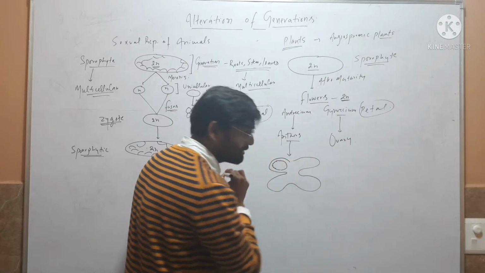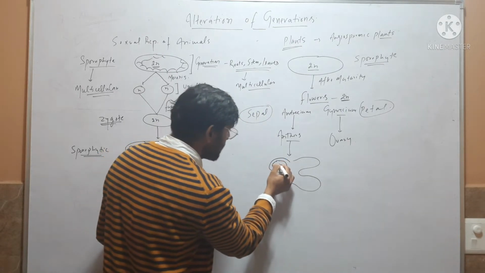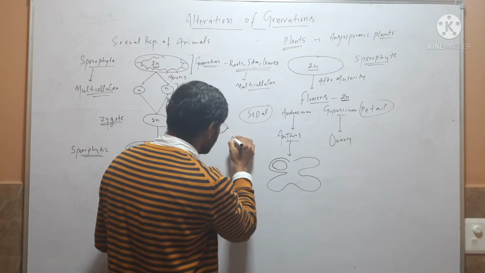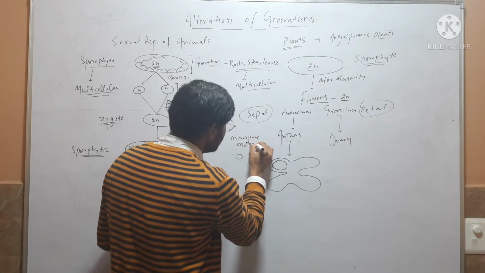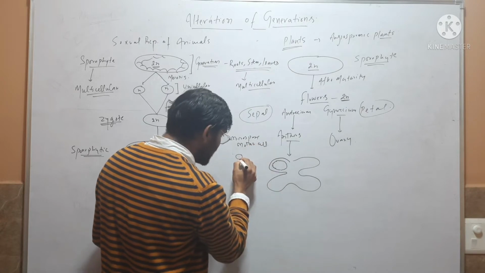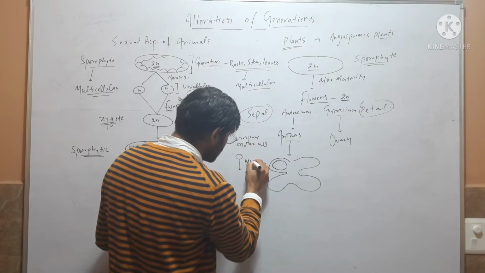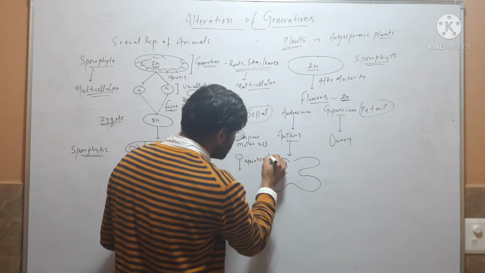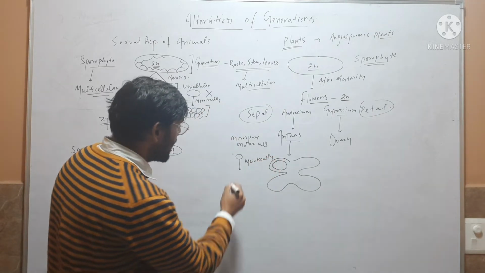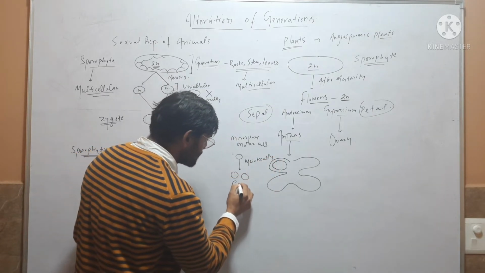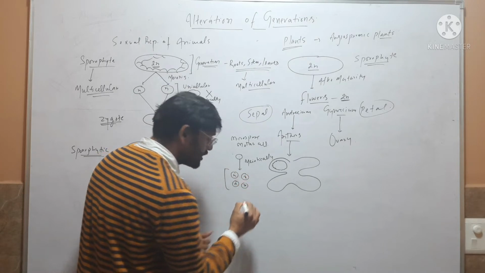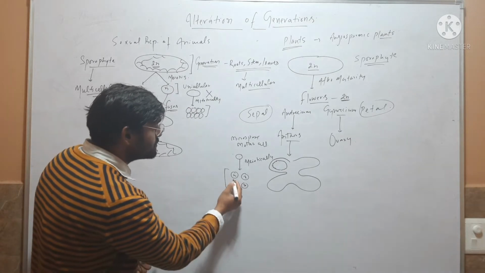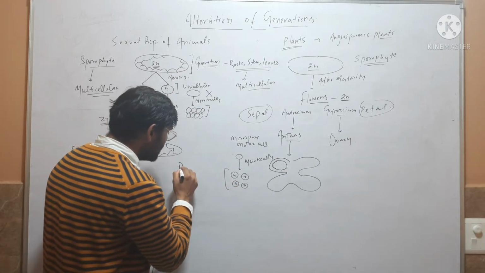Inside a sac there is a cell called the microspore mother cell. It will divide meiotically and form 4 cells. Here the number is reduced to haploid, n. These 4 cells are called pollen grains.